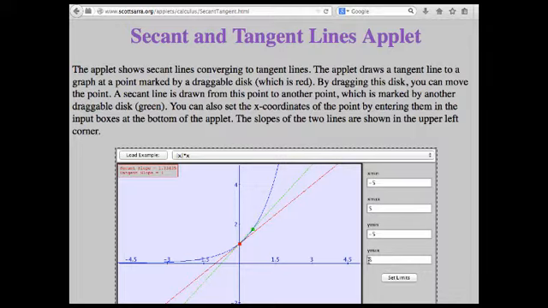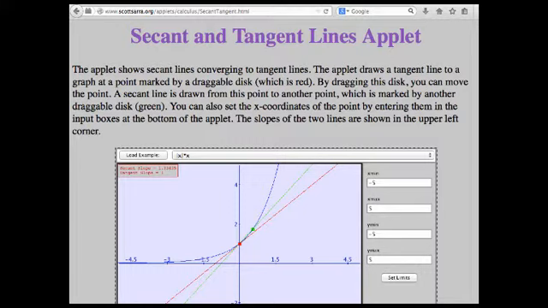And notice another thing that's happening. As the green point gets closer and closer to the red point, that horizontal distance h that we designated as the distance between those two points is getting smaller and smaller.